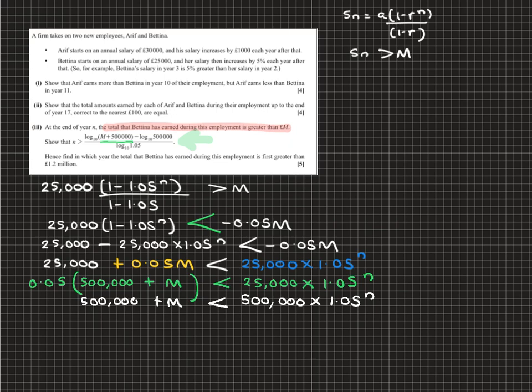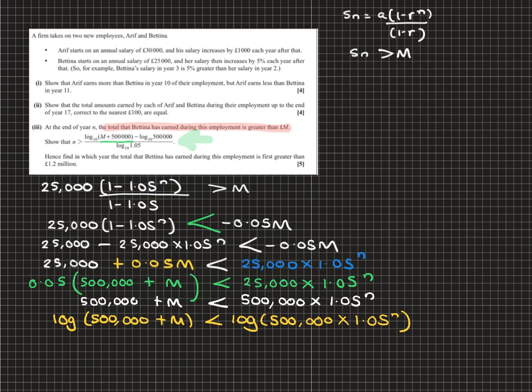So now let's take logs of both sides. We're going to take log to the base 10. So log to the base 10, 500,000 plus m, is less than log to the base 10 of 500,000 multiplied by 1.05 to the n.